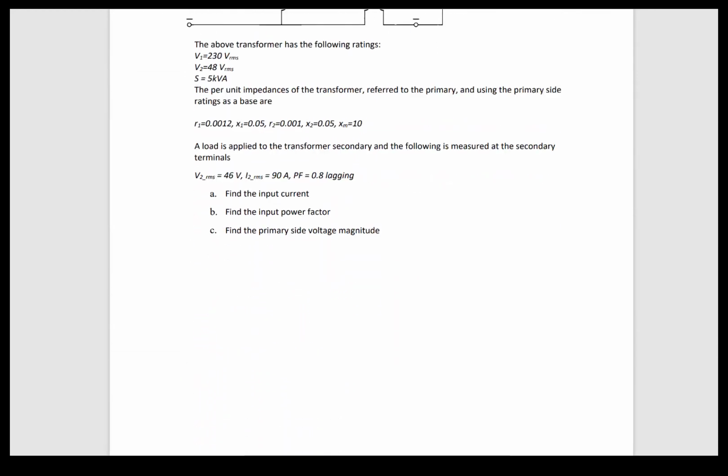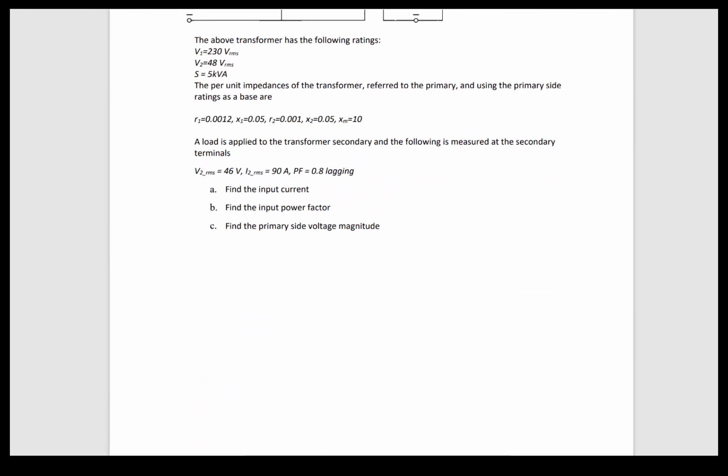The next one is this. Now this is the thing. I gave you these values in per unit. And there were some people who solved this without converting to the ohmic values, that was the first problem here.